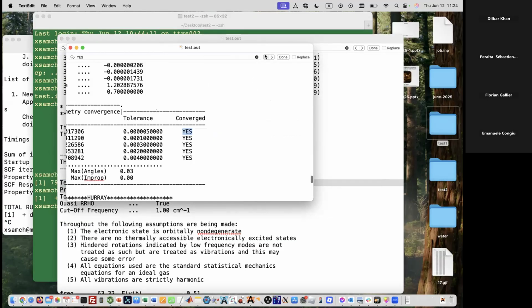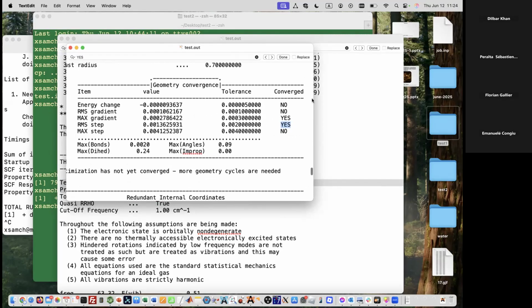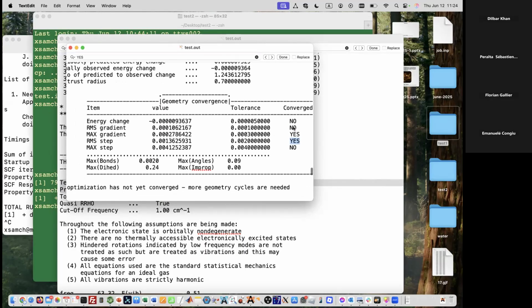You can see in this case the structure is not really converged. So in that case, you can restart the computation from the final geometry. That's how we typically do that.